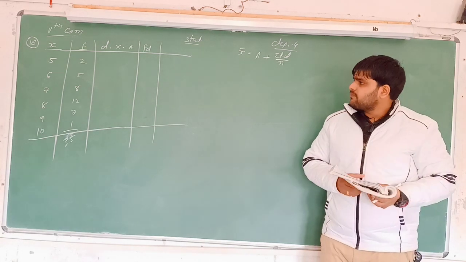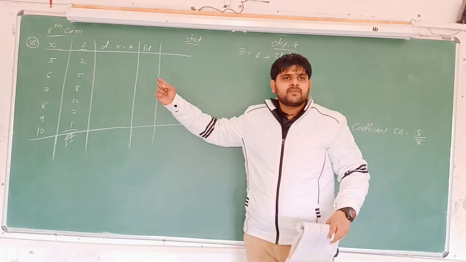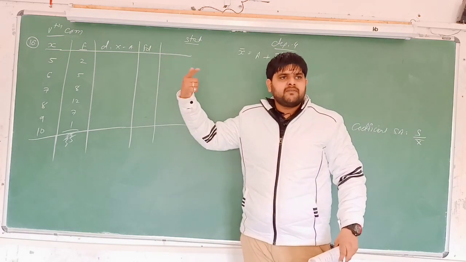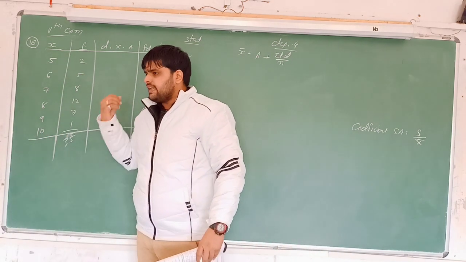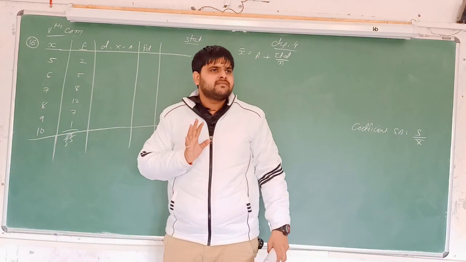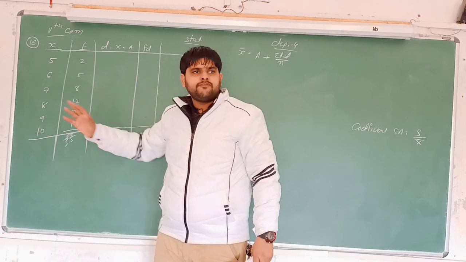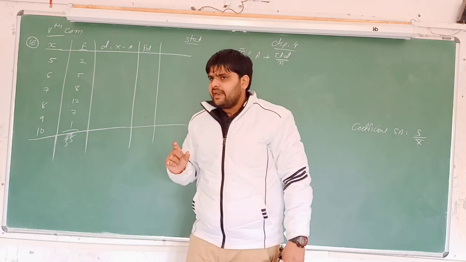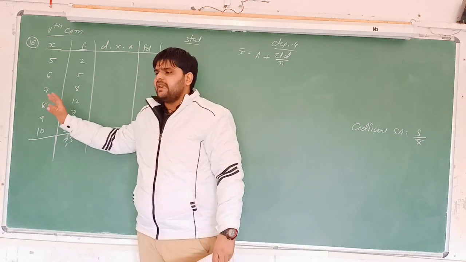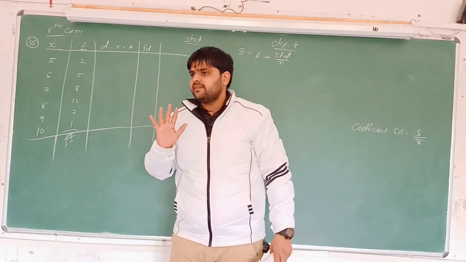Okay? So out of 5 to 10, what is the minimum value? 5. What is the maximum value? 10. So in between 5 and 10, whatever value we can take. If you want 7, you can. If you want 6, you can. If you want 10, you can. But appropriately, whatever middle value is there, we should take, so it will be easy to calculate.